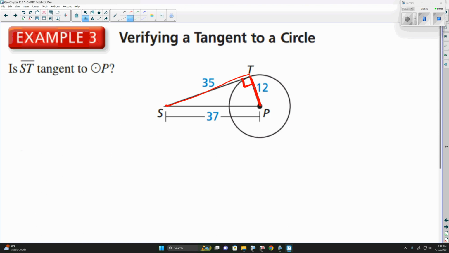Well, what kind of shape do I have here? A right triangle, yes? So if ST is tangent to the circle, then this here should be a right triangle. And if it is a right triangle, then a squared plus b squared has to equal c squared. And which of these three segments would be the hypotenuse?